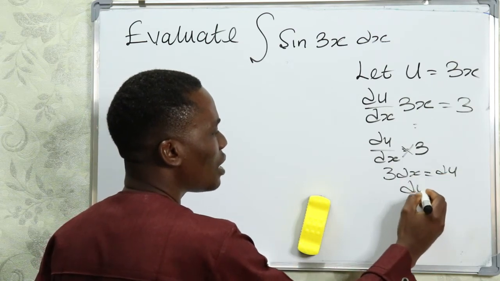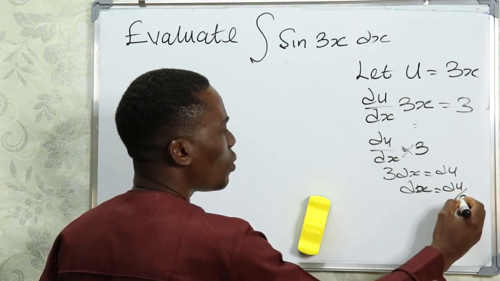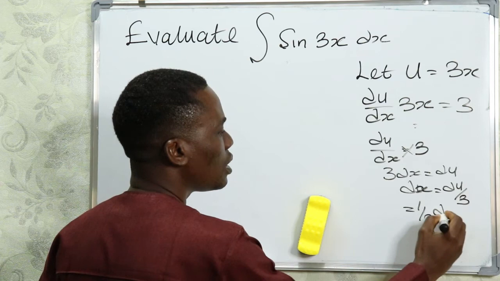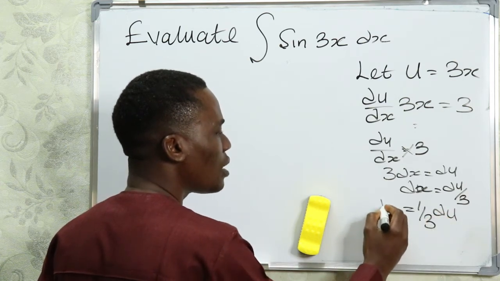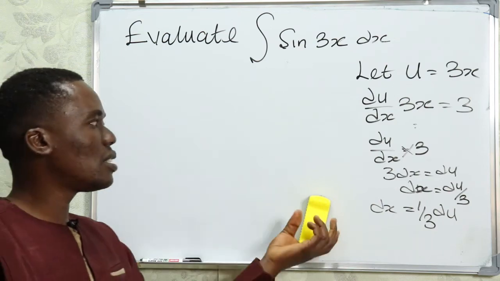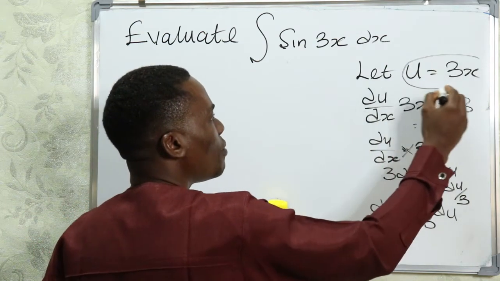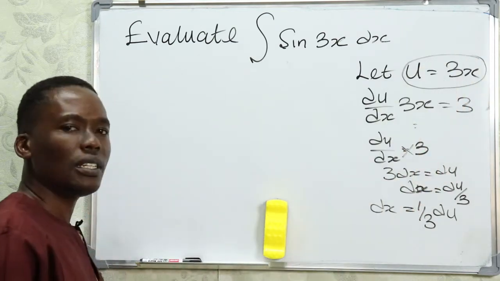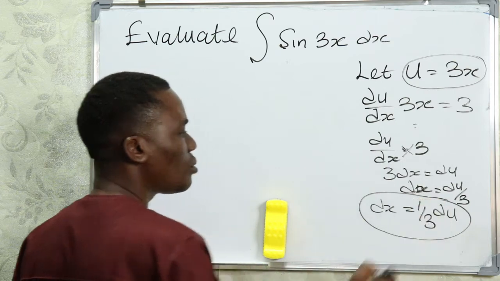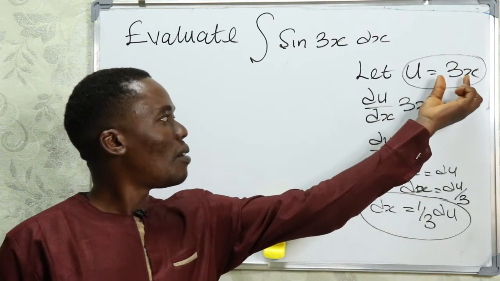So that means our dx will be equal to du over 3, which is still equal to 1 over 3 du. Now take note that we found 2 things by separating this equation. One, we have a value that is replacing 3x, and we have another value that is replacing dx.